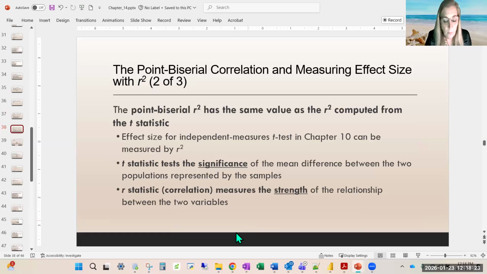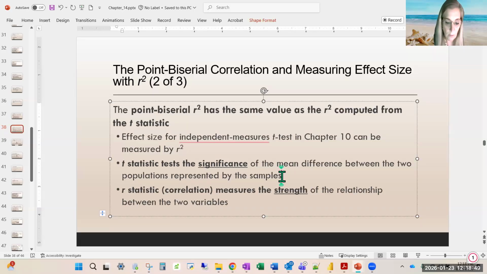All right, the point-biserial R squared has the same value as the R squared computed from the t statistic. The effect size for an independent measures t-test, like I mentioned before in chapter 10, can be measured by R squared. So the t statistic tests the significance of the mean difference between the two populations represented by the samples, so graduates versus non-graduates.